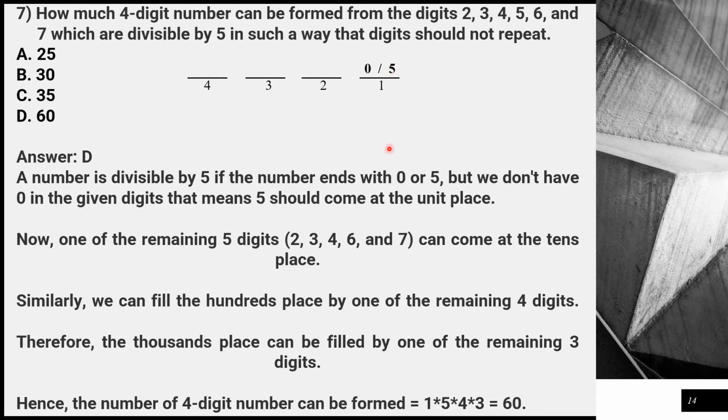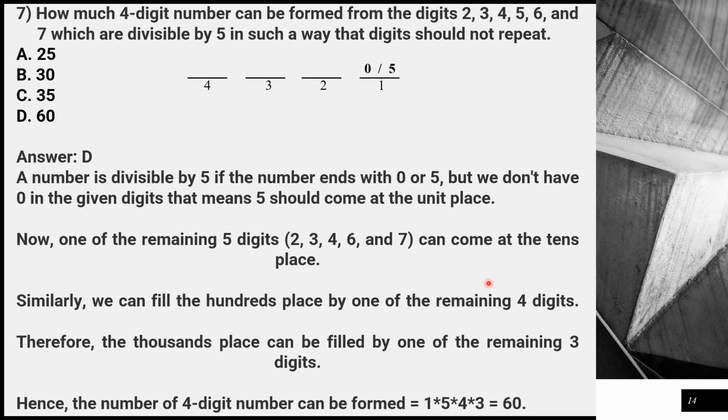So the remaining are 5 digits, right? Of the remaining 5 digits you can place any one in the tens place. After placing in tens, the remaining are 4 digits. In those remaining 4 digits you can place one in the hundreds place. After placing them, the remaining is 3 digits, and we can place one number in the thousands place.